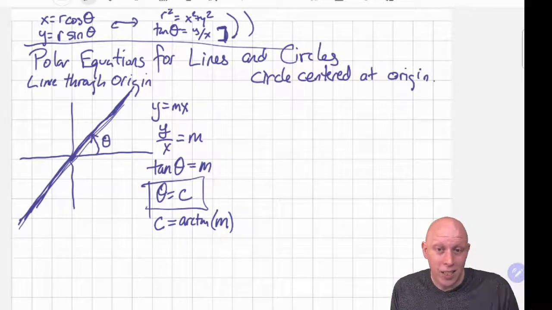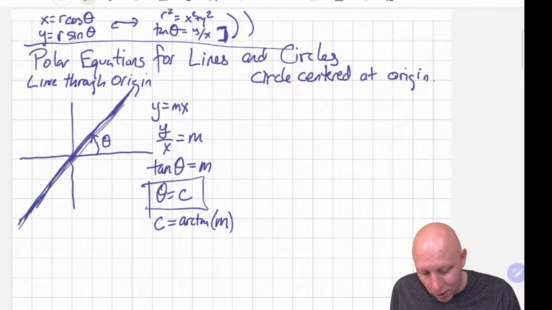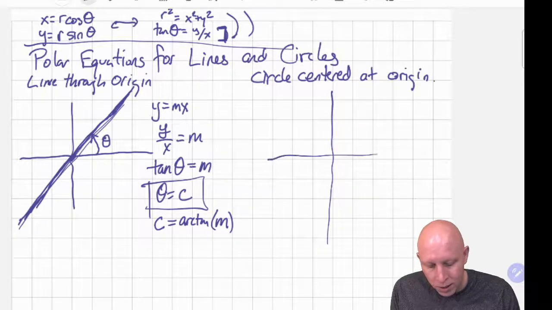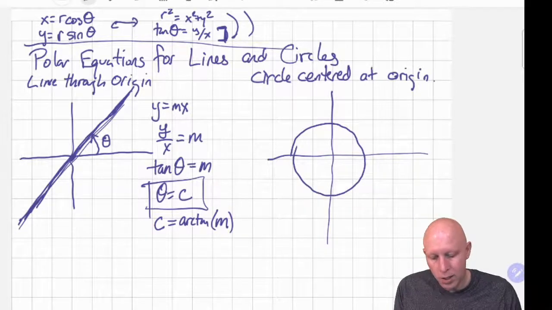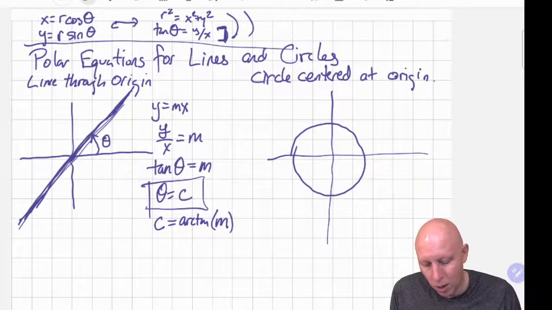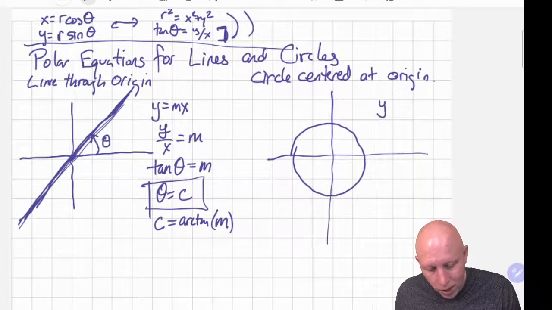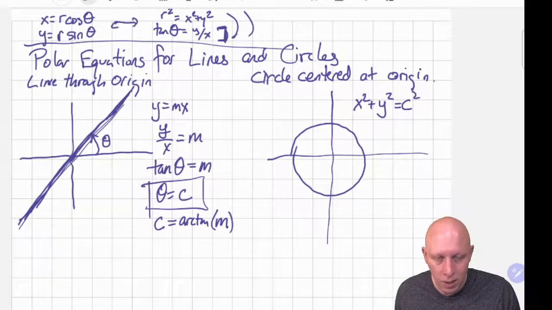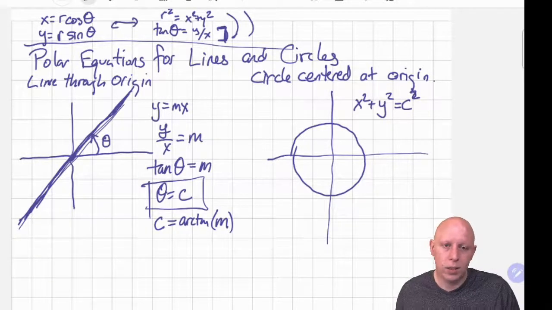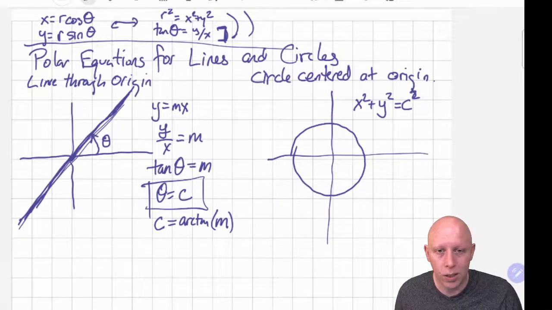All right, the next thing is a circle centered at the origin. That's an approximate circle. So if we have something that looks like a circle that's centered at the origin, we know that that is x squared plus y squared is equal to some constant squared. Right? That's our equation in Cartesian coordinates.